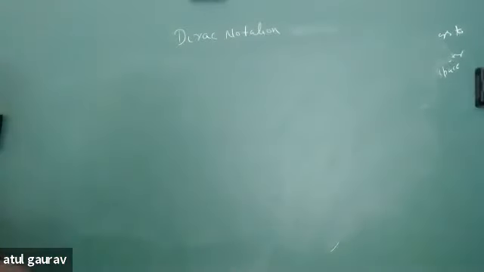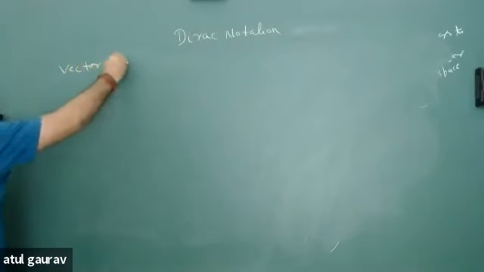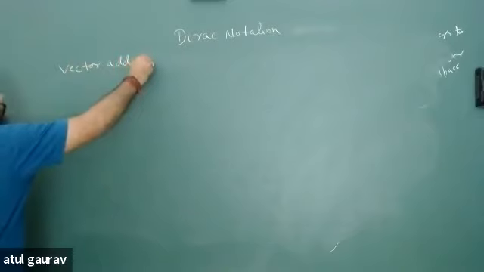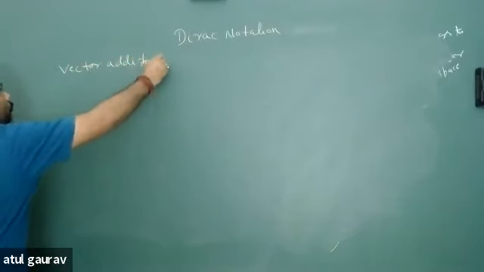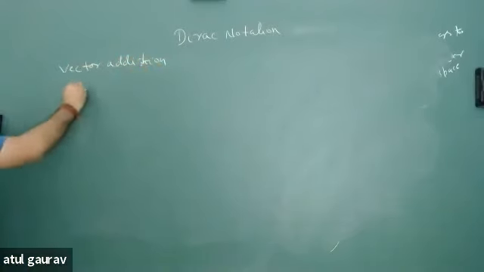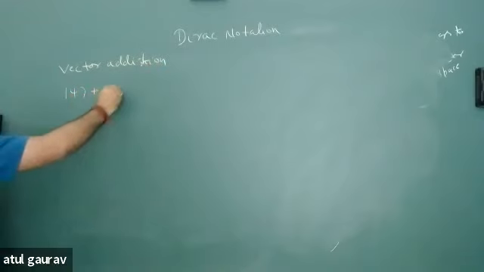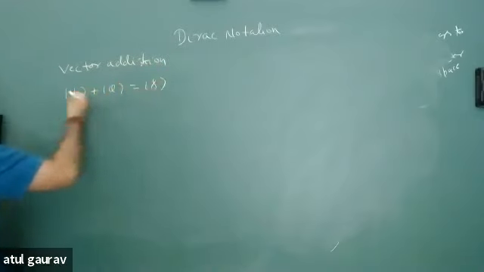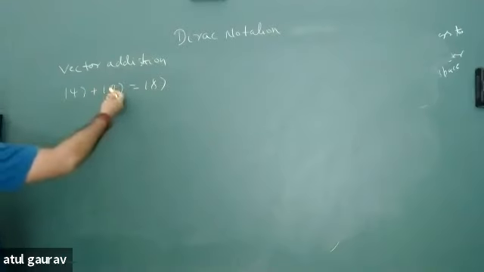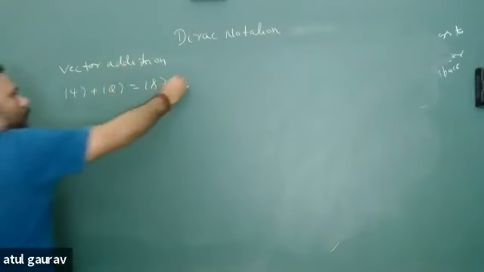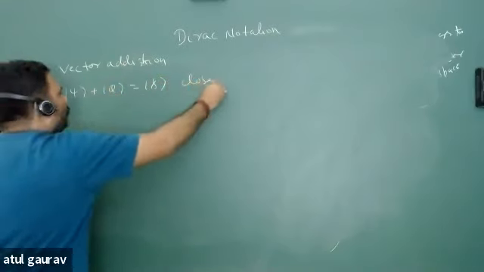Obviously, you can go for vector addition. You can write psi plus phi is equal to chi. If this belongs to a vector space, and this belongs to the same vector space, the result will belong to the same vector space. Closure.